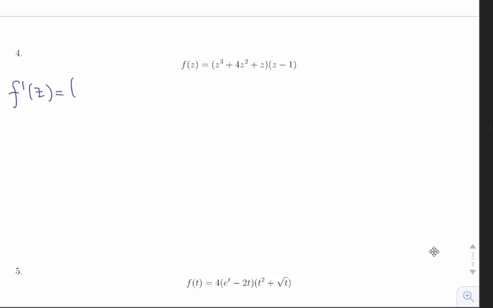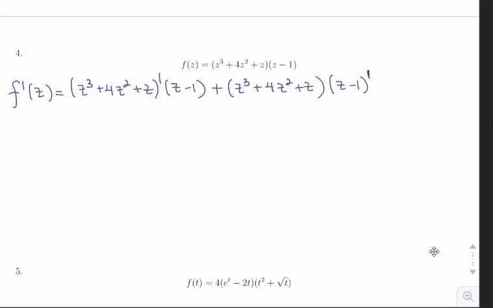The derivative of the first times the second function unchanged plus first function times the derivative of the second, right? Prime.